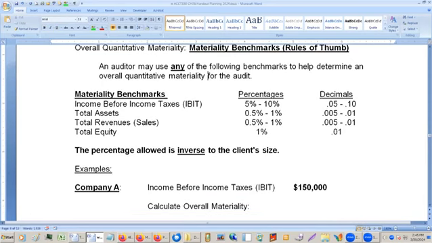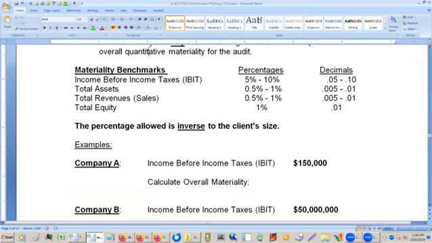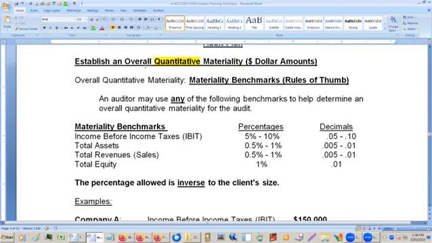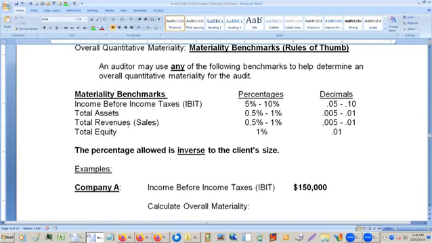It's up to the auditors; they may choose any of them they want. They may choose more than one. They may get kind of a blended materiality, but they can use any of these they want. Again, this is judgment. It's judgment to determine which ones you're going to use.